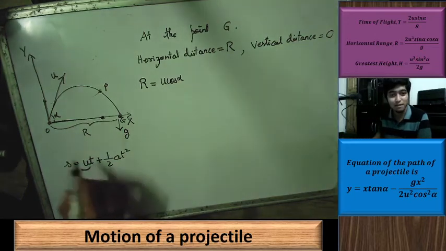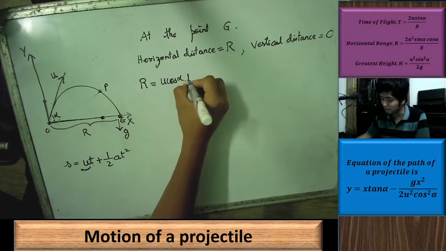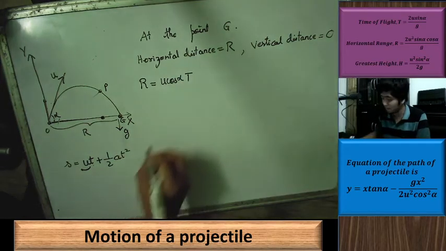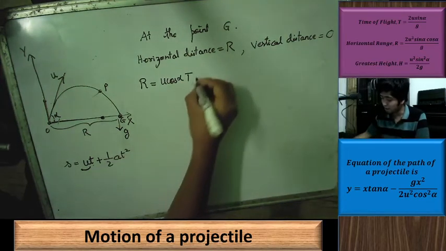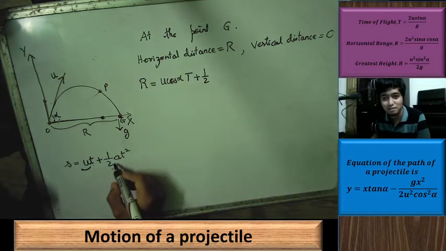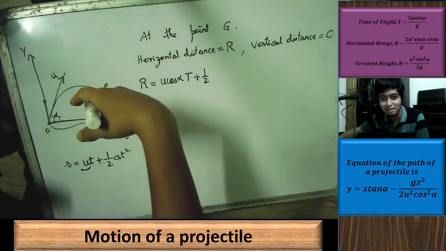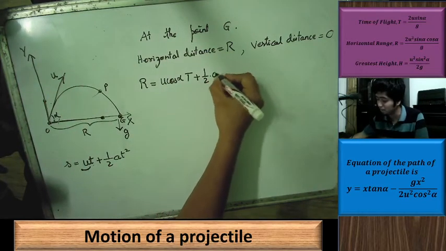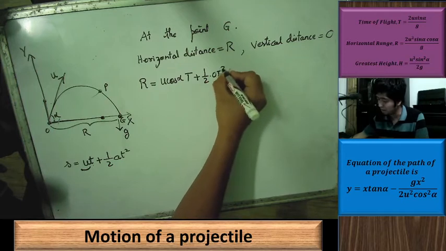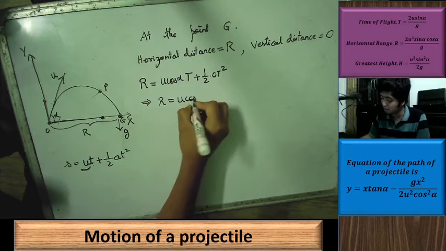Time is the time taken from O to G, which is capital T. And plus half, what is the acceleration? It is only the component of acceleration due to gravity in the horizontal direction, which is 0, t squared. So we have this first equation, R equals u cos alpha t.